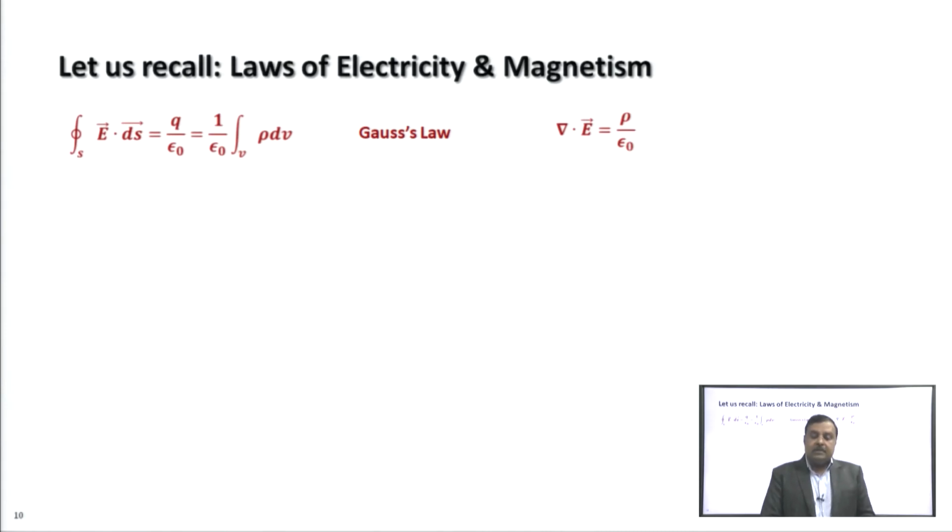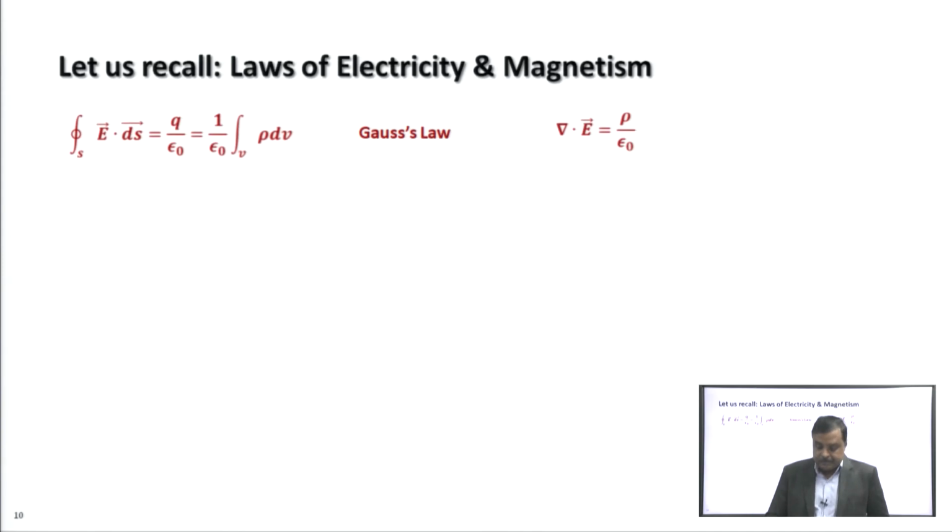So, let us recall the laws of electricity and magnetism which we have learned already. The first law is Gauss's law of electricity, and on the left hand side we have written the integral form. These laws are in integral and differential forms.